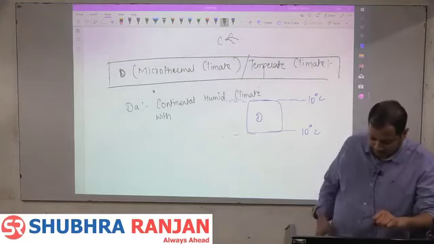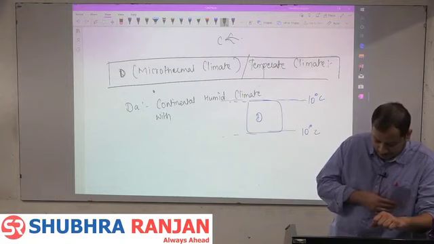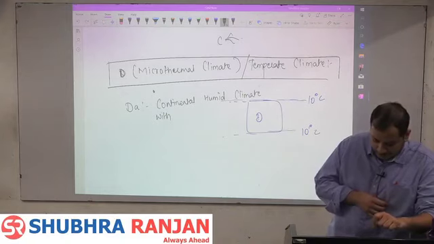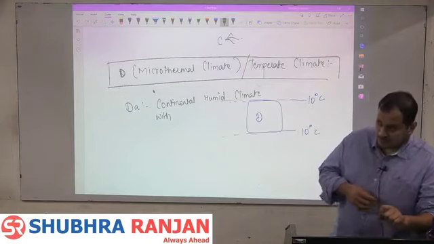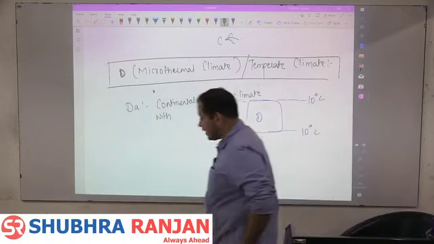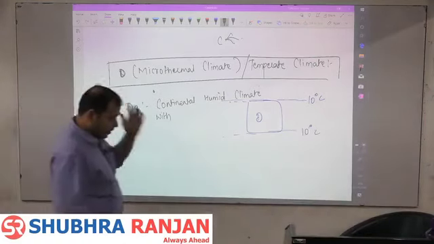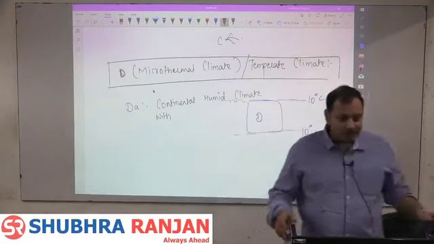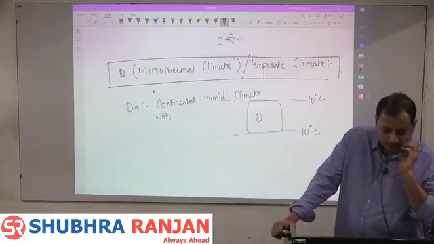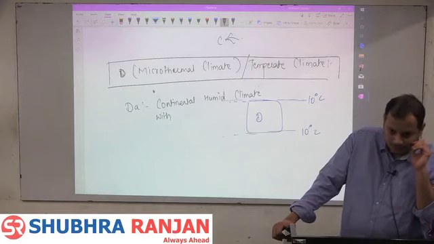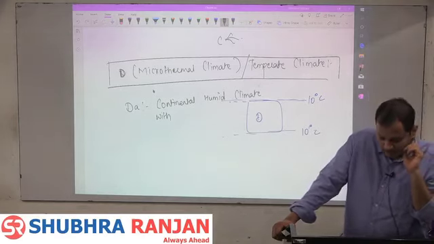DB climate, where temperature of the warmest month is below 22 degrees Celsius. पहले इसमें about 25, is below 22 degree Celsius.